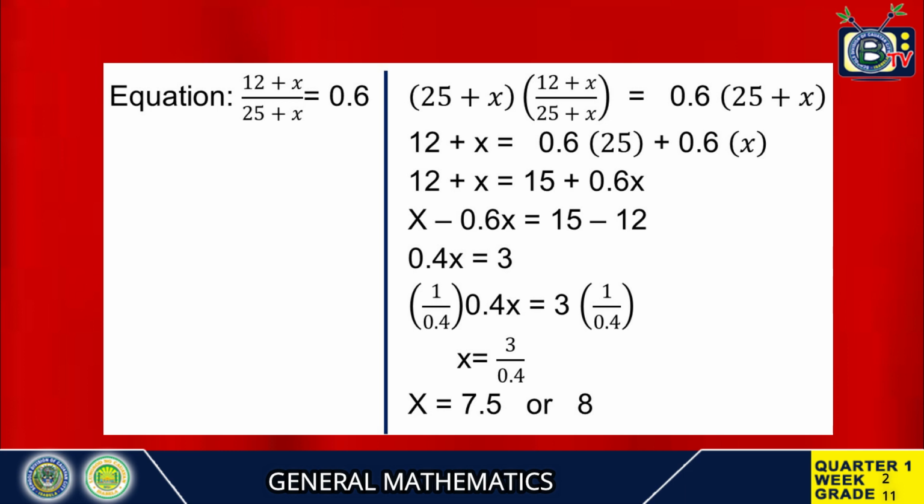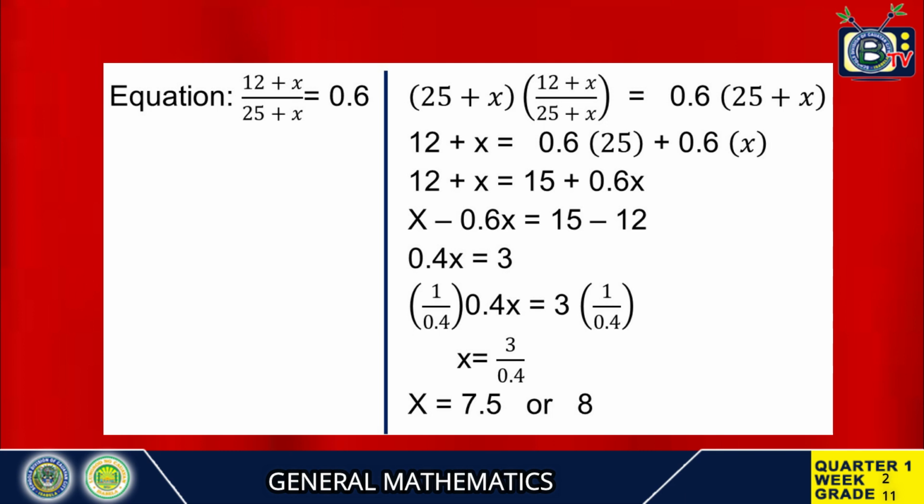Multiply 25 plus x to both sides of the equation, so we have 25 plus x times 12 plus x over 25 plus x is equal to 0.6 times 25 plus x. So 12 plus x is equal to 0.6 times 25 plus 0.6 times x. So 12 plus x is equal to 15 plus 0.6x.